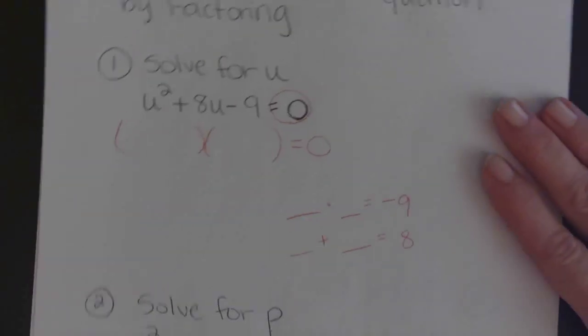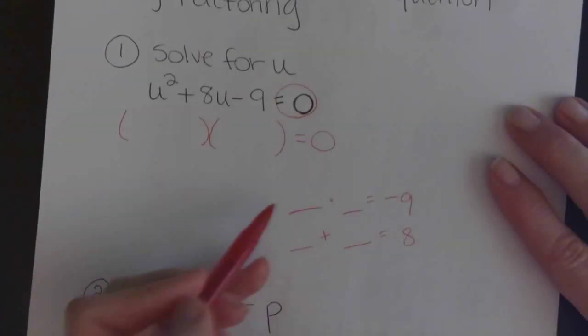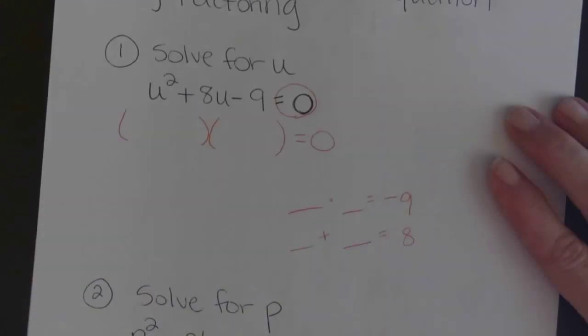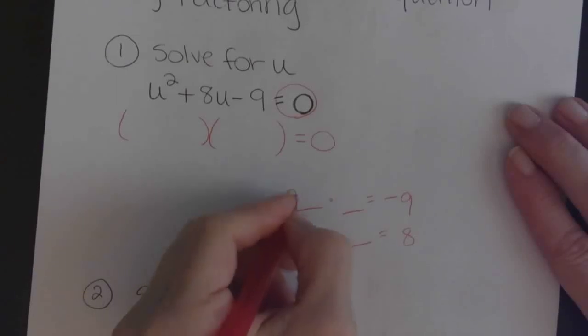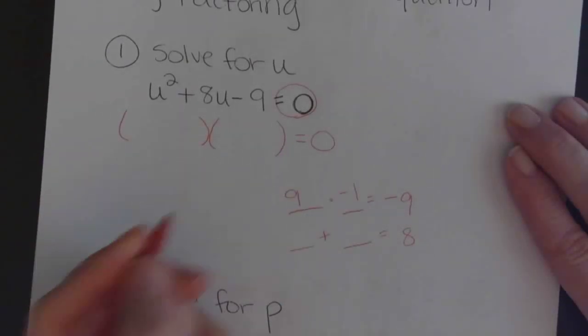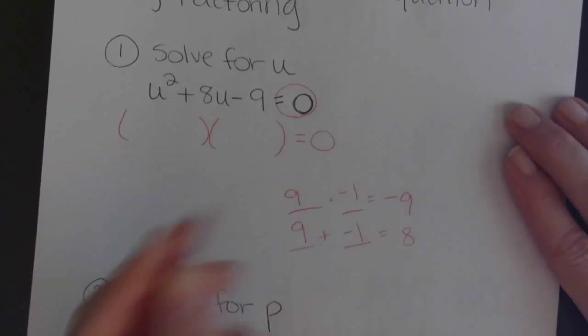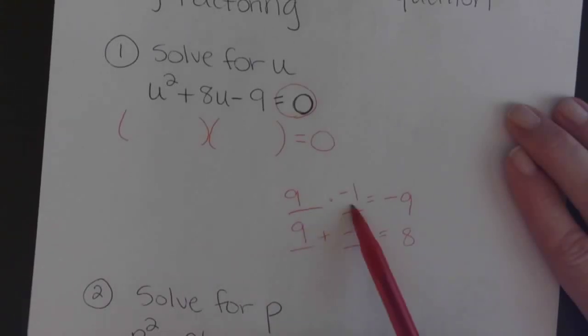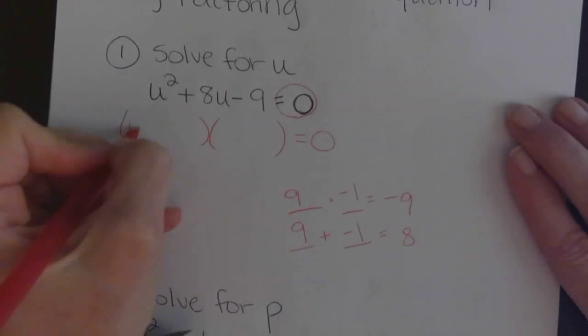You can pause me if you want to think on your own. I'm thinking 9 and -1. 9 times -1 is -9. 9 plus -1 is 8. So that's what I'm going with.